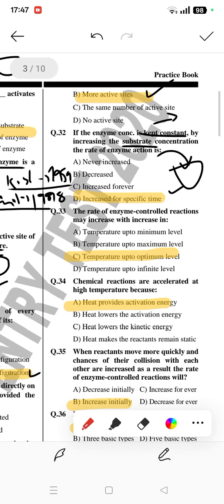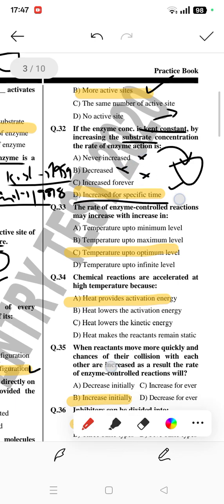It doesn't decrease, so the right option is D, increases for a specific time.